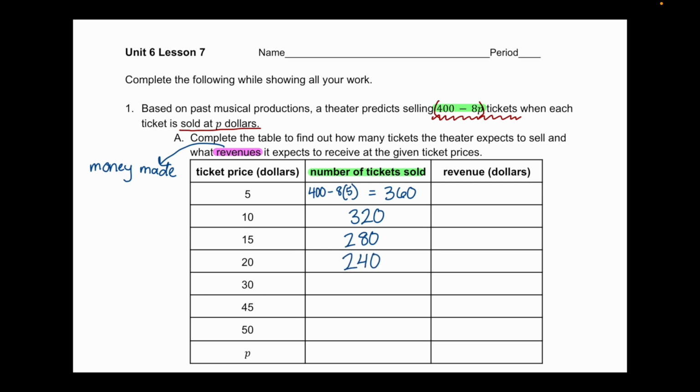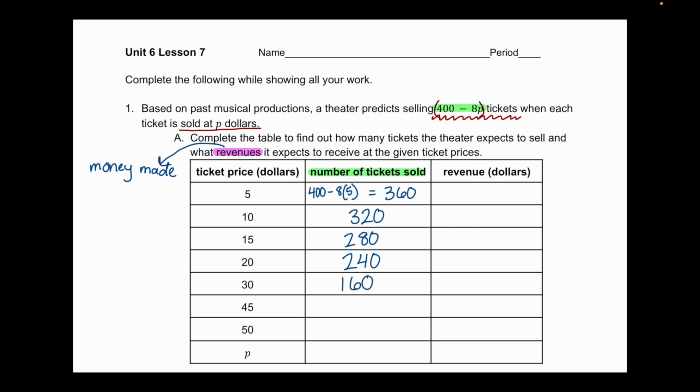You might be able to see a pattern here. This seems to be going down by 40 tickets every time I go up by 5. But in the next jump, we're going to go by 10, so it should probably go down by 80. Still, we're going to plug it in. 400 minus 8 times 30 gives us 160.